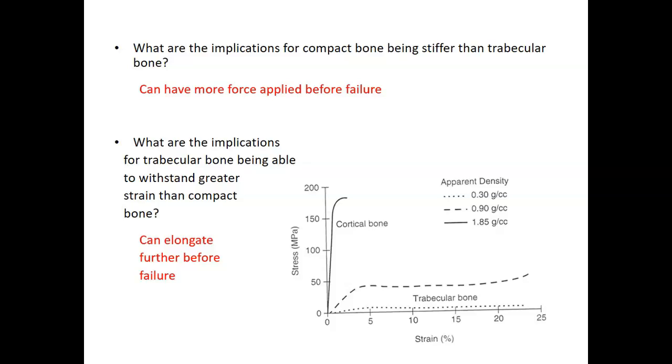That's helpful, because if you think about where that trabecular bone is, we have a lot of it in the pelvis, we have a lot of it in our vertebral bodies. So it's going to handle more in the way of strain. So more prolonged.